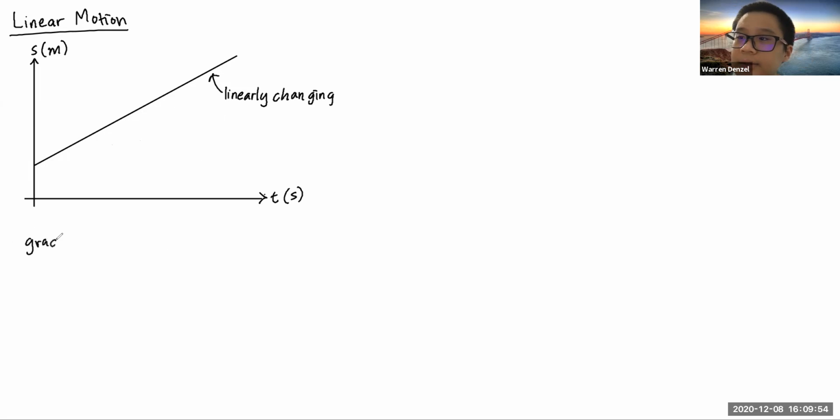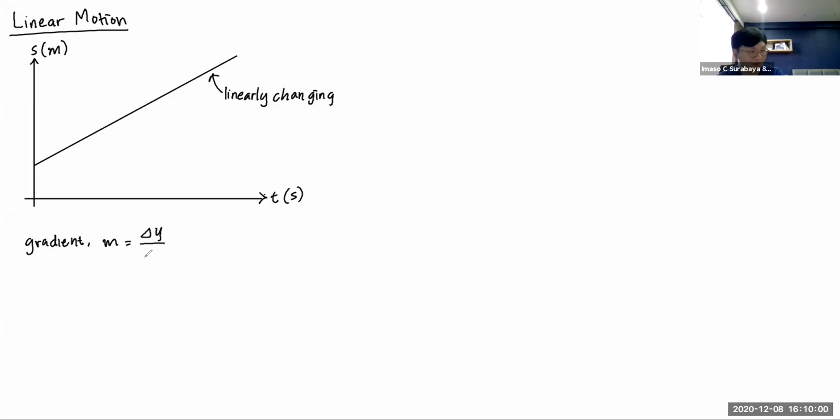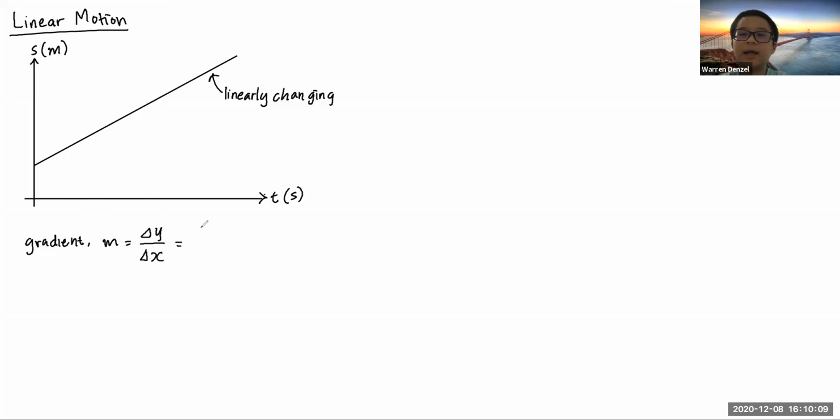The gradient is delta y divided by delta x. In this case, what is delta y? What is delta x?